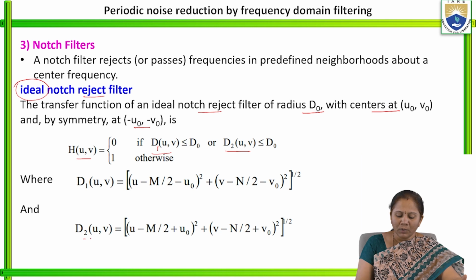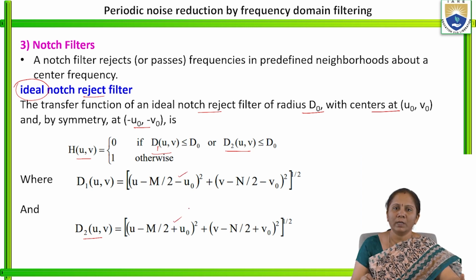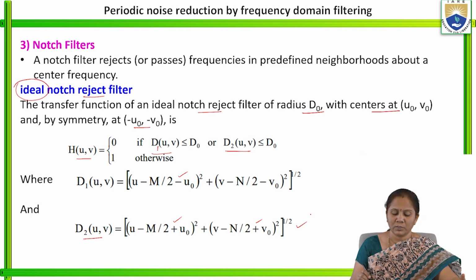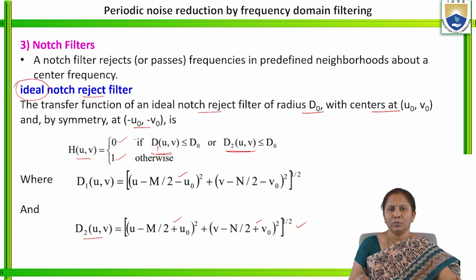Similarly, D2 of u comma v is equal to [(u minus M by 2 plus u naught) whole square plus (v minus N by 2 plus v naught) whole square] whole power 1 by 2. Here we have minus, in this case we have plus. By calculating, we will get the values of D1 and D2, and based on that we will say whether the transition is 0 or 1.